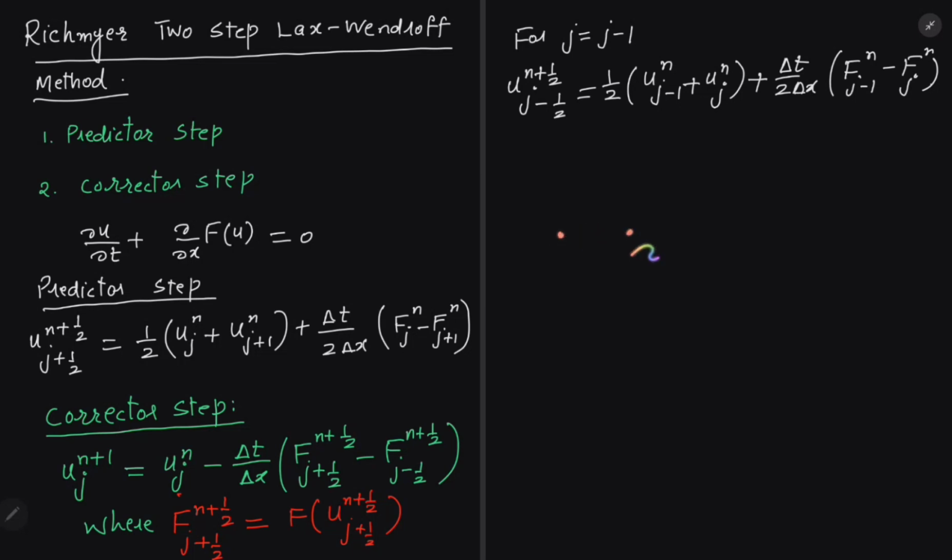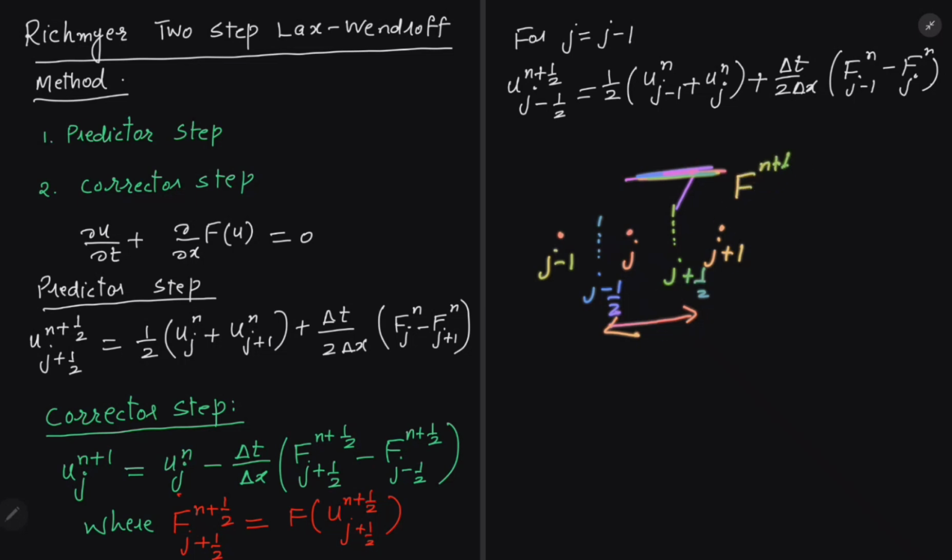Suppose we have j plus 1, we have j minus 1. This is j plus 1/2, this is j minus 1/2. So we calculate j plus 1/2 at n plus 1/2, which is actually a cell. We calculate f n plus 1/2 j plus 1/2, and j plus 1/2 can be obtained from the values of j and j plus 1.